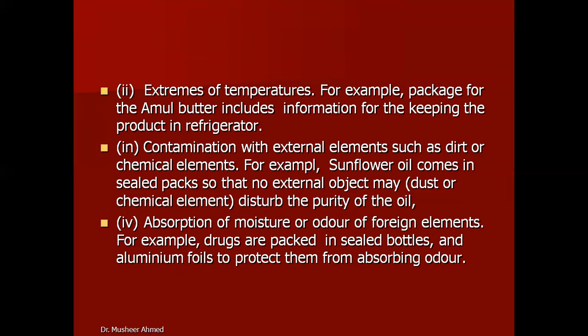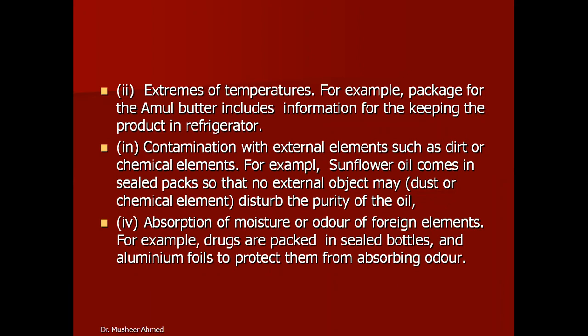Now another example in this case is sunflower oil, which is coming into sealed packages so that no external object like dust or chemical may get mixed into the oil and may not disturb its purity, right? Now next is your absorption of moisture or foreign element.